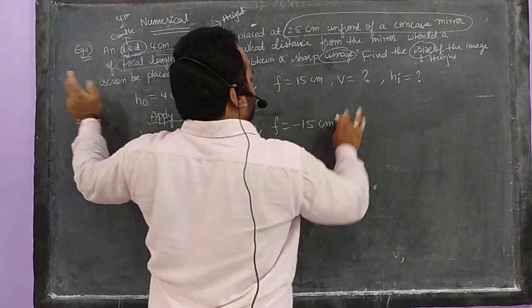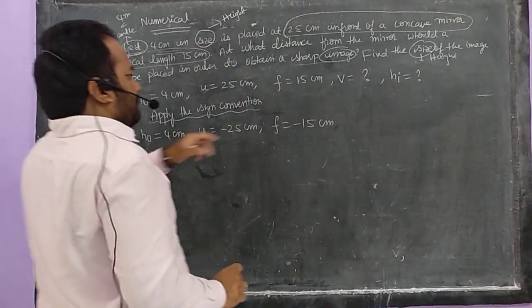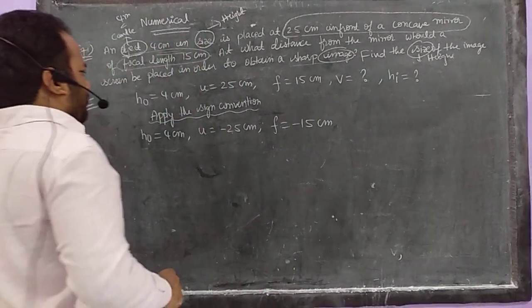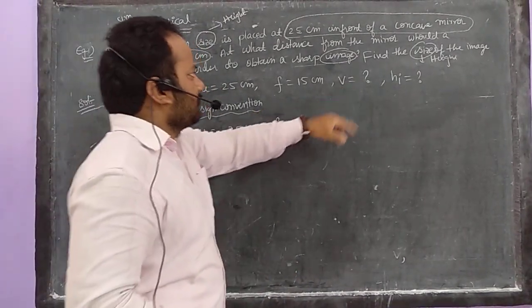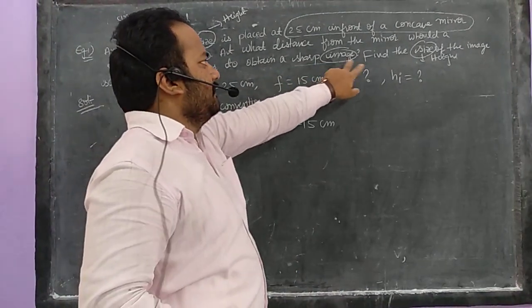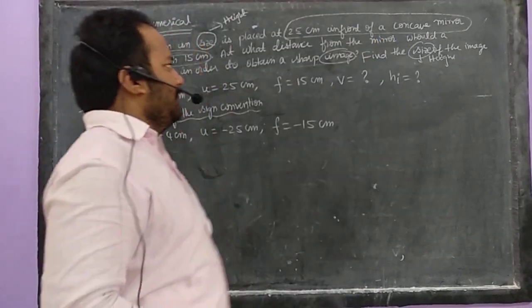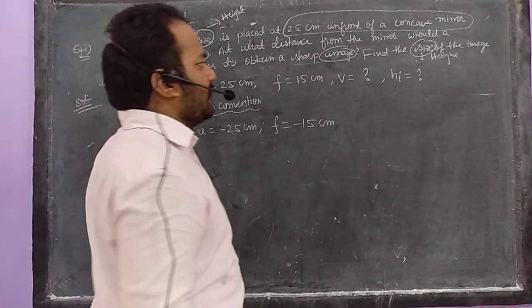What should you find? First V, because the question first asks for the sharp image, and finally the height of the image. We have two formulas.